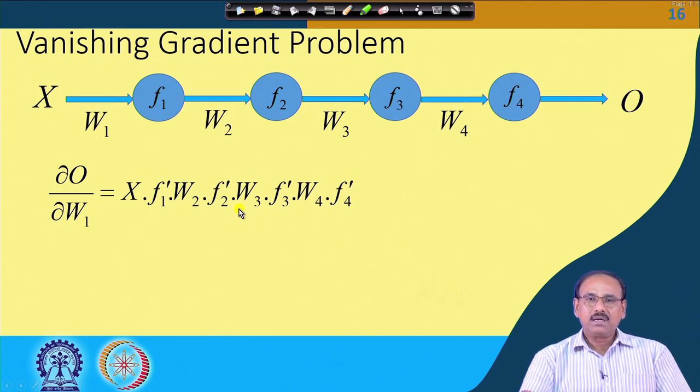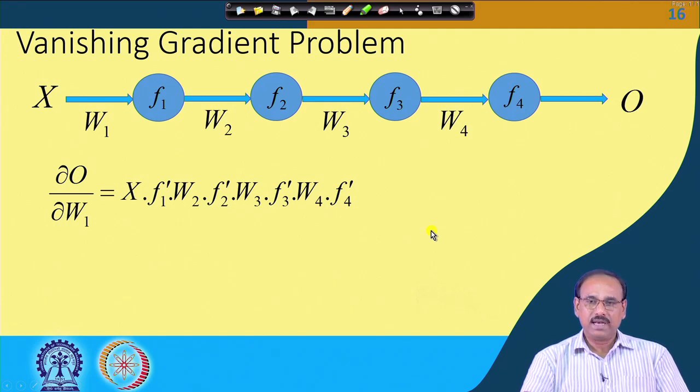The other terms are the weights W2, W3, W4. So, if all the nonlinear activation functions are ReLU, this product becomes W2 times W3 times W4, because for ReLU the derivative is 1. And if W2, W3, W4 are all less than 1, let us assume they are 0.5, it will be 0.5 into 0.5 into 0.5. So, the product will be very much less than 1.